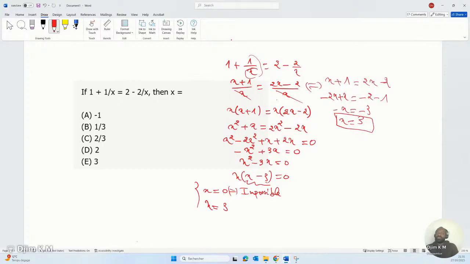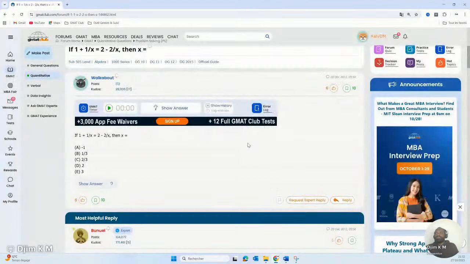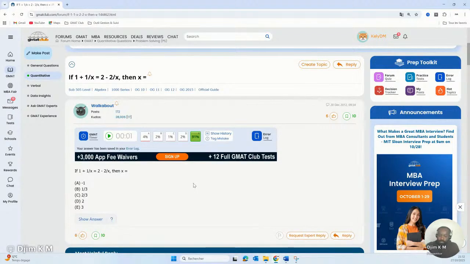So the answer is x equal to 3, which is answer E. Let's check. That's it.